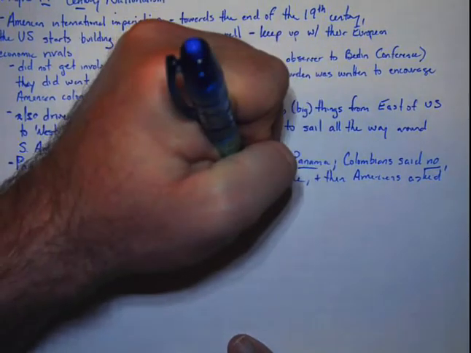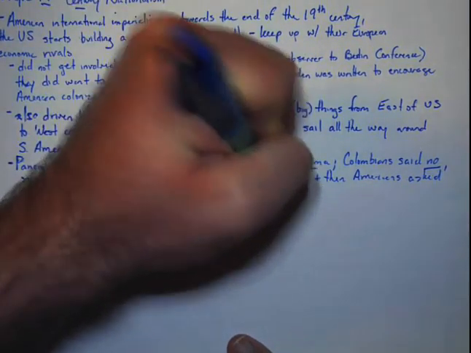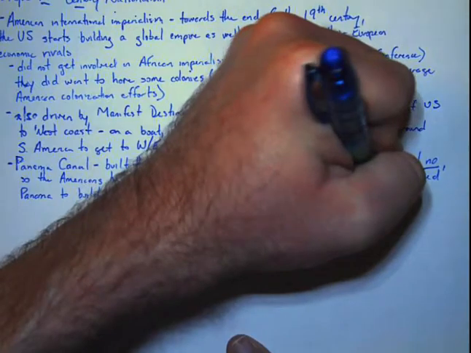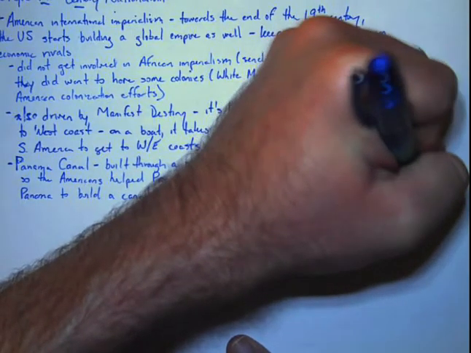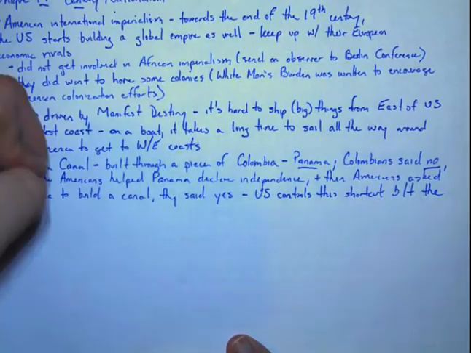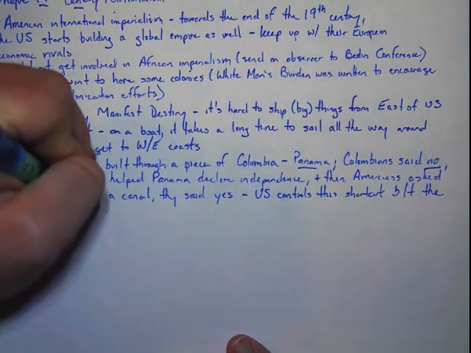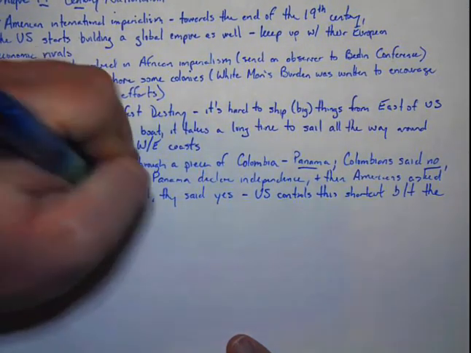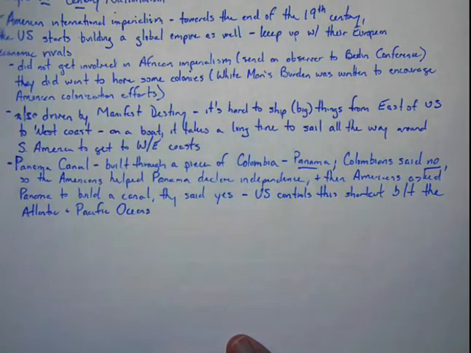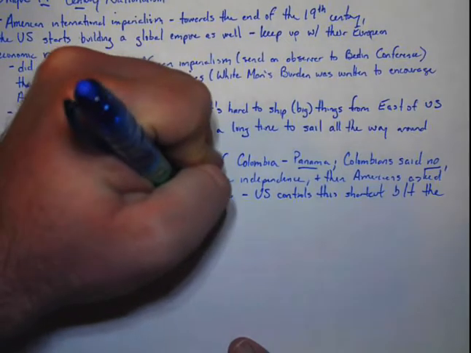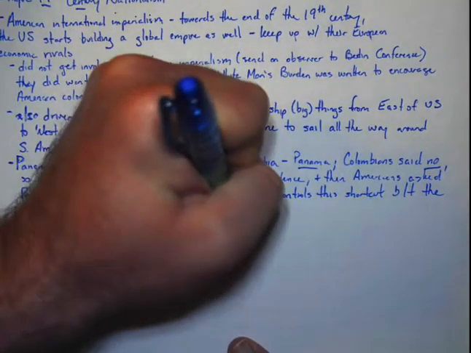So now the United States controls this shortcut between the Atlantic and Pacific Oceans. And eventually, it was given back to Panama.